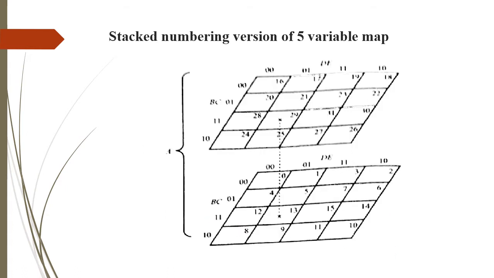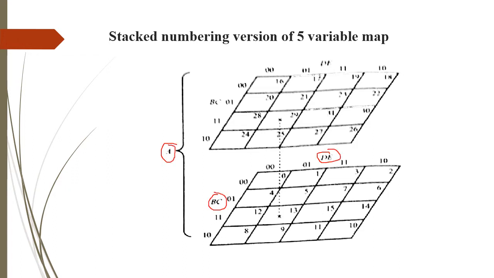Stack numbering version of 5 variable K-map. This is one more way of numbering the K-map. Here they have considered two 16 cell K-maps, with BC along the rows and DE along the columns, and A as common.